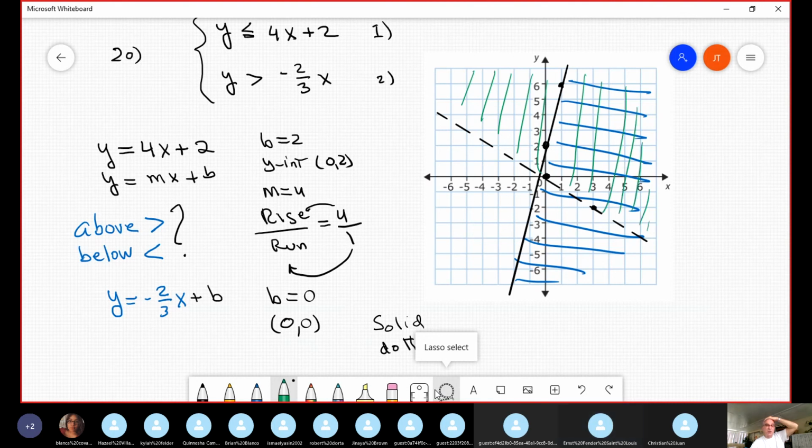So what is the solution of the entire system? It's the intersection. It's where the shapes overlap. Okay, that part. That one.